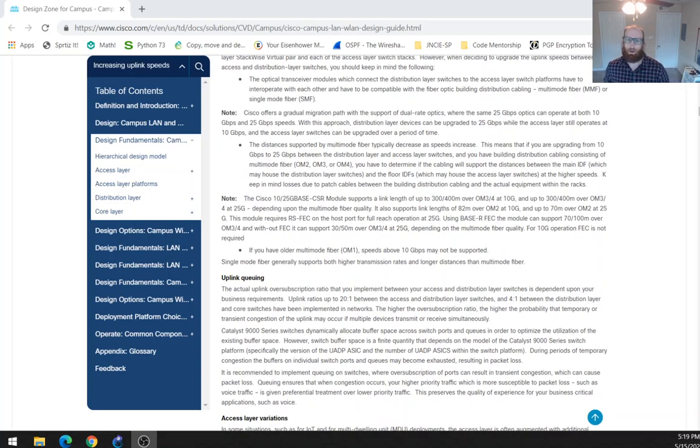Distances supported by multi-mode fiber typically decrease as speeds increase.